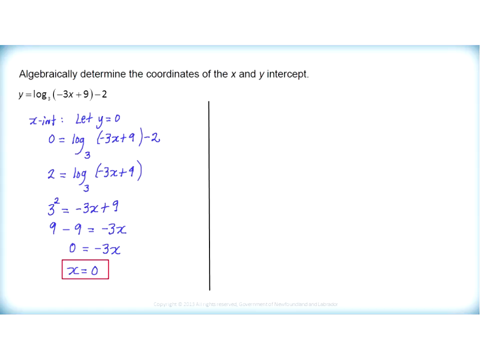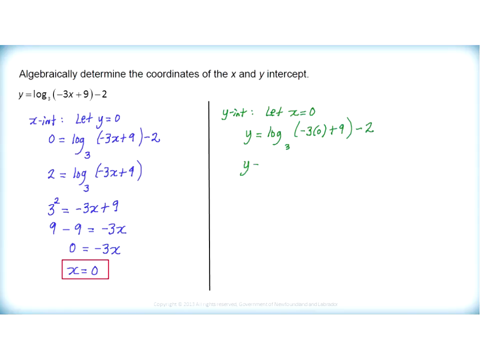Similarly, we can determine the y-intercept by letting x equal 0. So then we solve for y, where y is equal to the log of negative 3 times 0 plus 9 to base 3, minus 2.